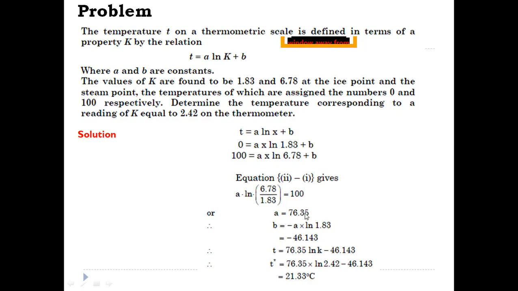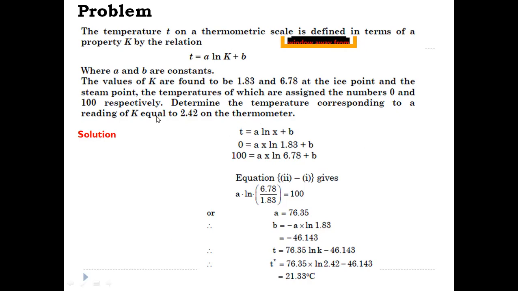So if you substitute the values here, we are saying that A and B are constants. So first we will find out the constants A and B. Since there are two constants A and B, we need two equations to solve for the two unknowns. Those two equations are obtained by substituting these K values and the temperature values.